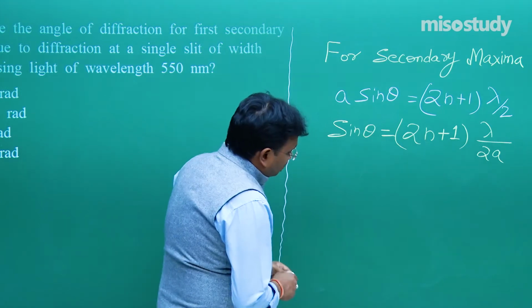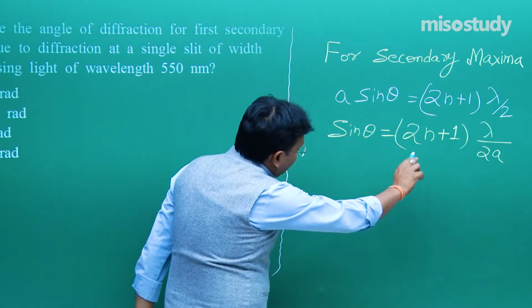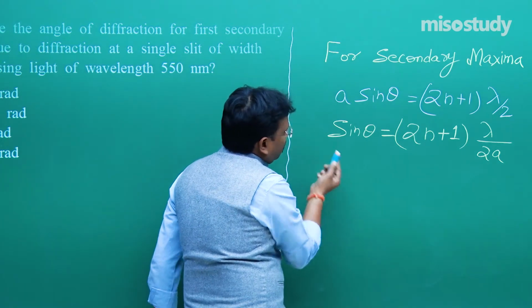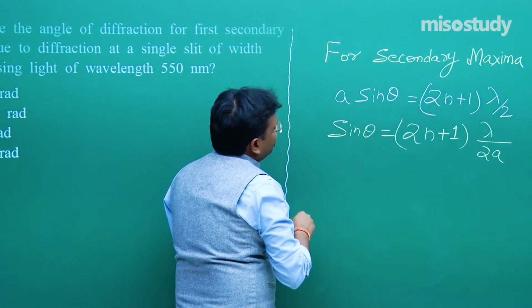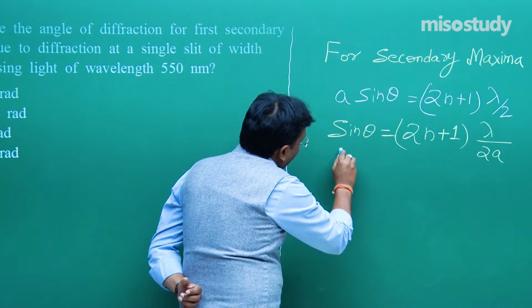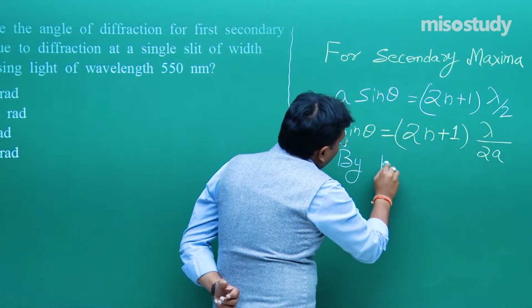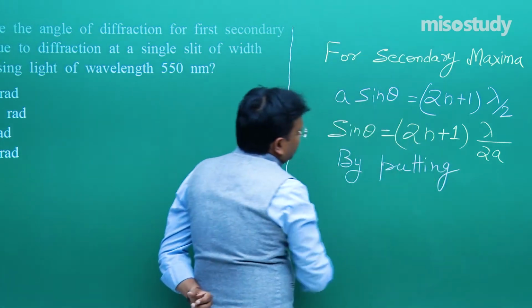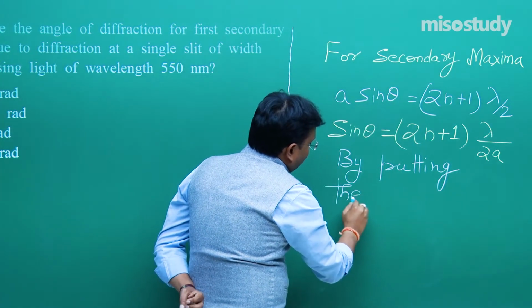Fine. Now, finding the values, I am going to write it down in a simple fashion, that is by putting the values.